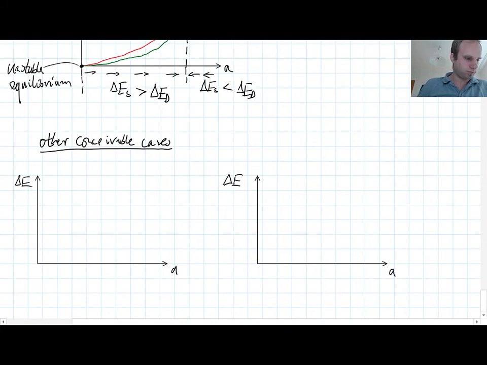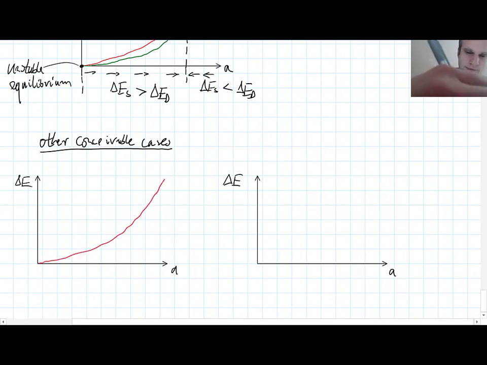Now, yeah, one possibility here would be that, for instance, the supplied energy looks the same. Still a parabola. Sorry, it's more steep than I wanted. So maybe it looks, not nice.